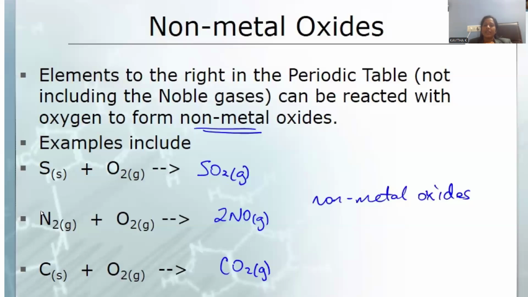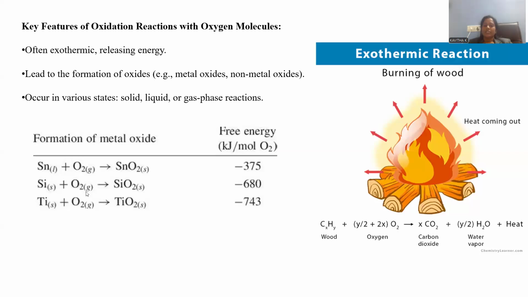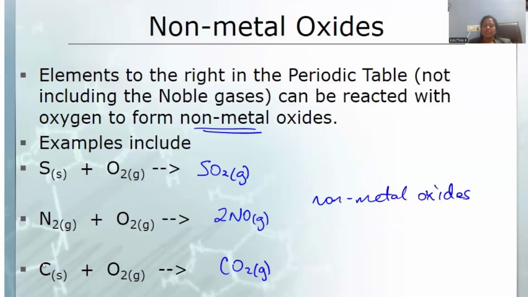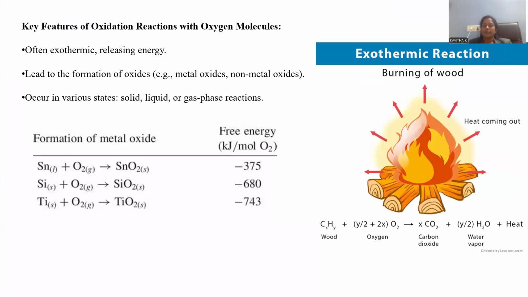This is the way metals upon oxygen reaction give their metal oxides, and non-metals upon reacting with oxygen give rise to non-metal oxides. Whatever the kind it might be, there is a provision to generate the oxide forms, right? It occurs in various states. Whatever the product's generation may be, solid, liquid or gaseous, all phase conditions are possible.